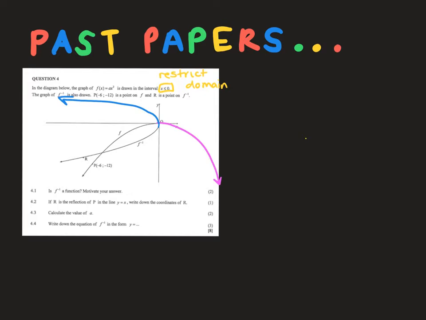So if I restrict the domain of the parabola, so I only work with the x values in the negative x-axis, then when I erase that part of the parabola arm, I then erase this portion of its inverse. And then you are just left with these portions of each graph.